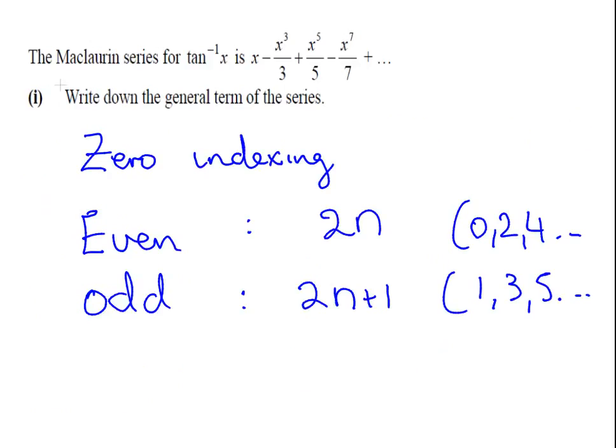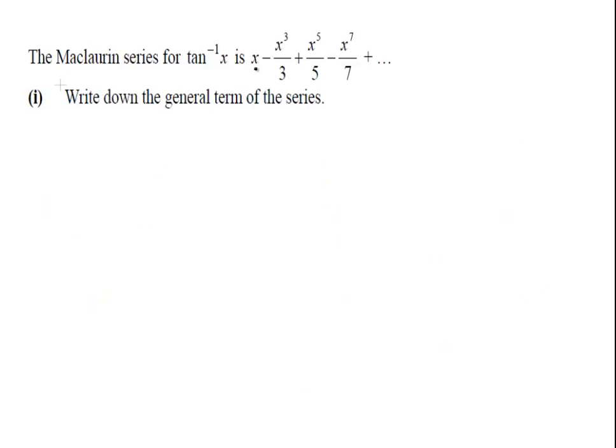Now, next important thing to consider is that we have an alternation between positive and negative signs. So plus x minus x cubed over 3 plus x to the 5. If you consider this, plus 1 minus 1 plus 1 minus 1, and so on, we can represent them as powers of minus 1.